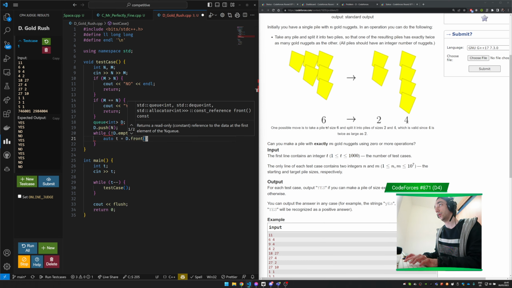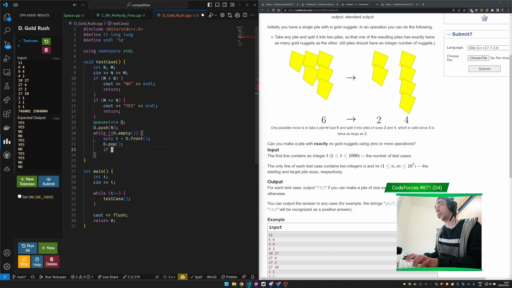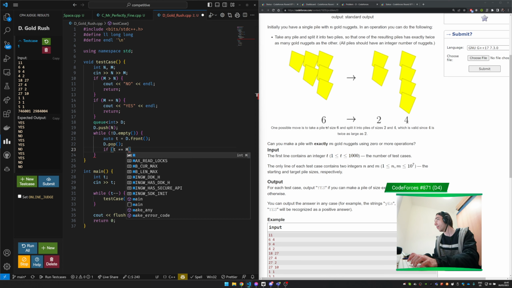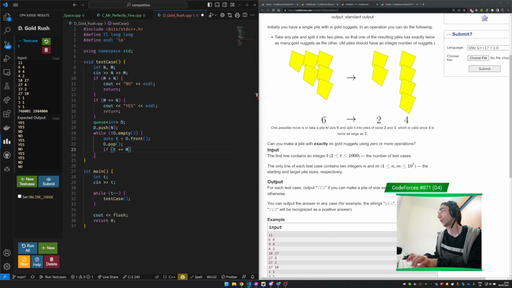Top is d.front, d.pop. If t is like m, I can always divide it by, so if it's like by 3, one pile has this prime without this prime, the other pile without this prime, but times 2.